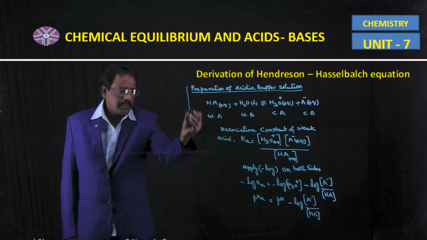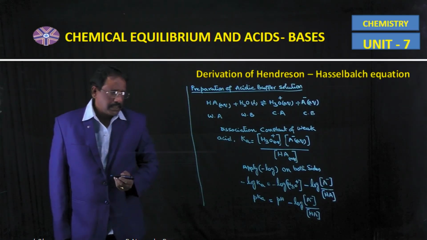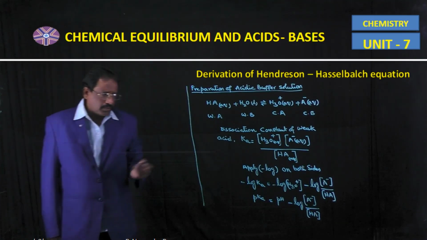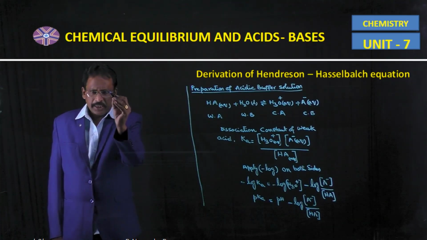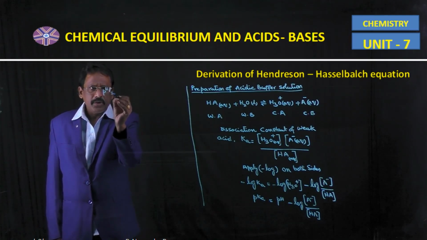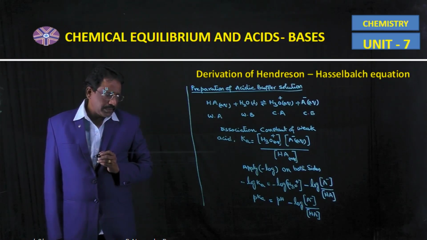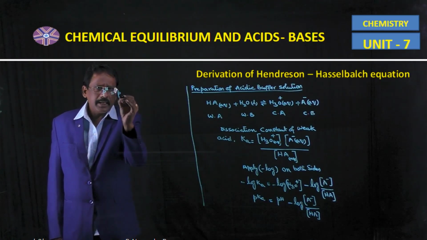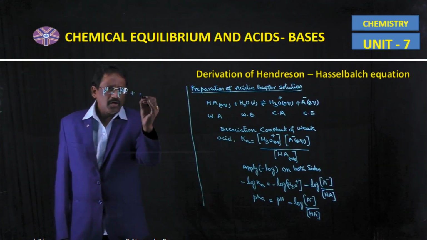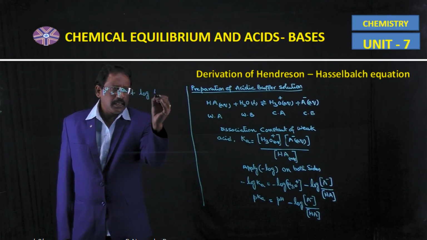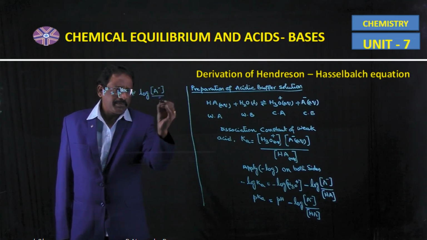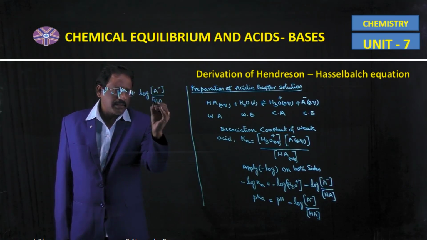So in the preparation of the acidic buffer solution, the pH of the acidic buffer solution is equal to pKa plus log of the active mass of A minus divided by the active mass of HA.